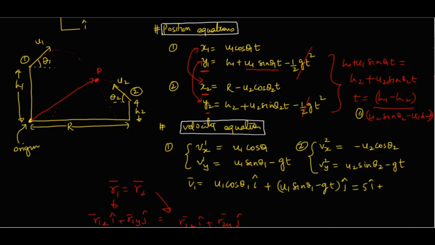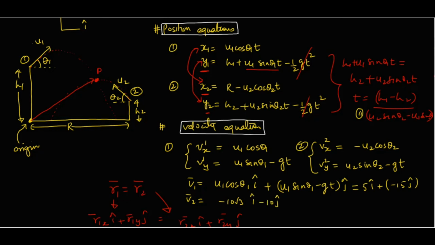So this directly becomes 5i plus negative of minus 15j. Similarly, we're going to calculate v2. This is going to be the x component and this is going to be the y component, so this goes with i and this goes with j. Putting the values, you're going to get v2 equal to minus 10 root 3 i minus 10 j.